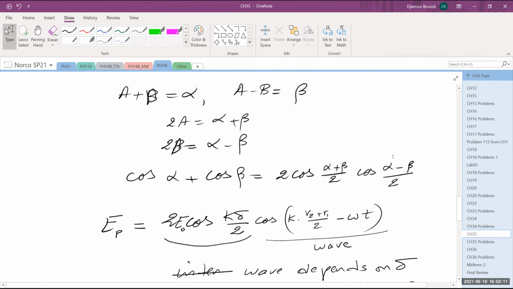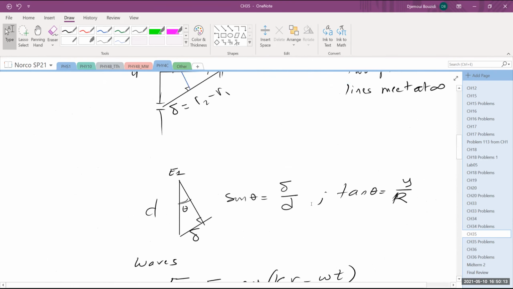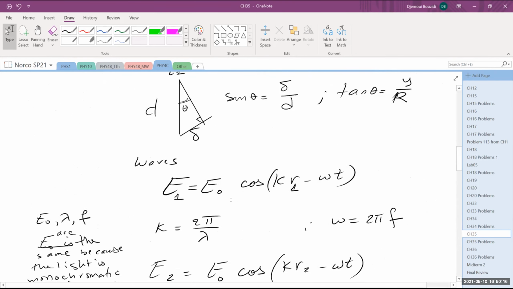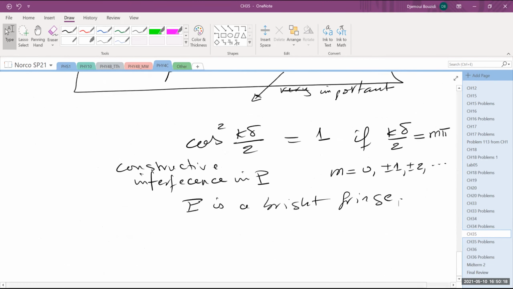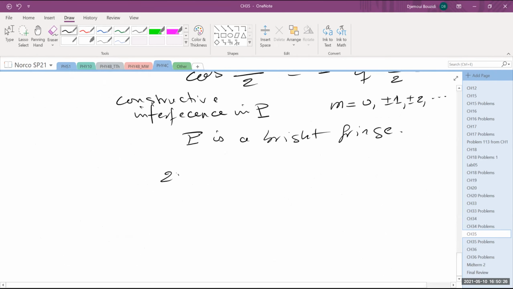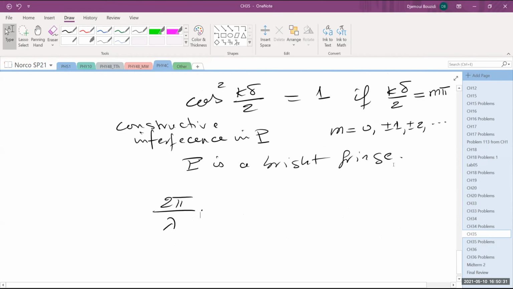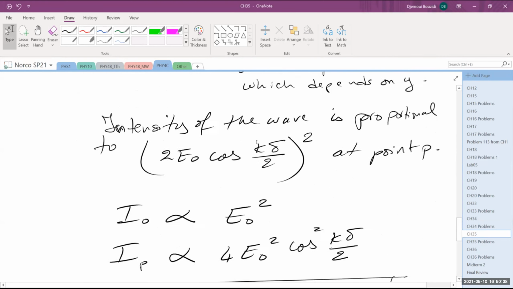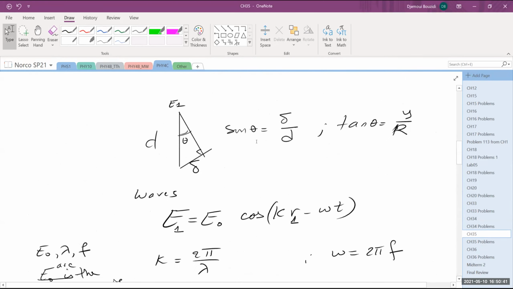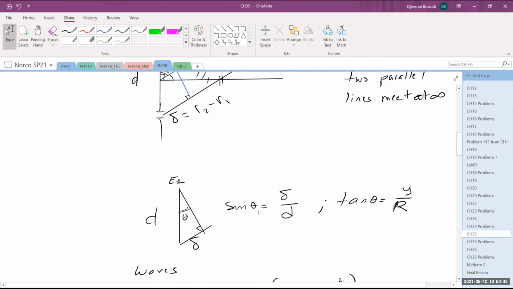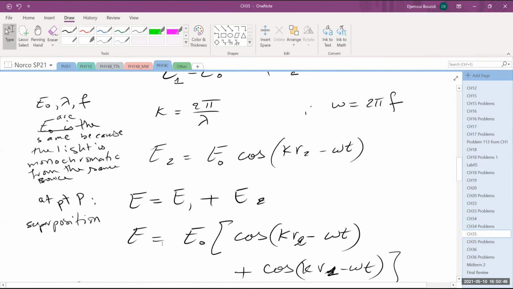Let me go back to the delta that I found involving this expression. Remember, delta is d sine theta, and K is just 2 pi over lambda. So let's put everything together. We have 2 pi over lambda, that is your K, times delta, and delta is just d sine theta from this geometrical argument that I made before, from this triangle.